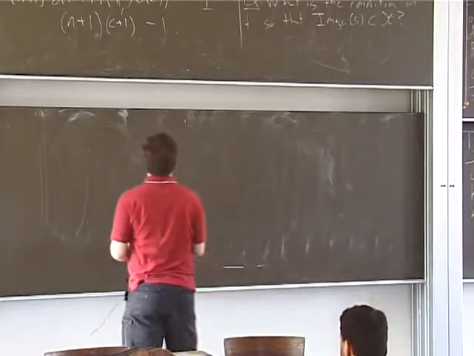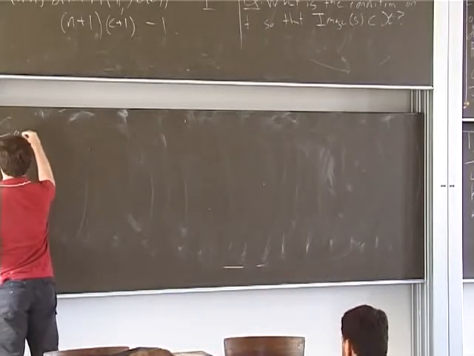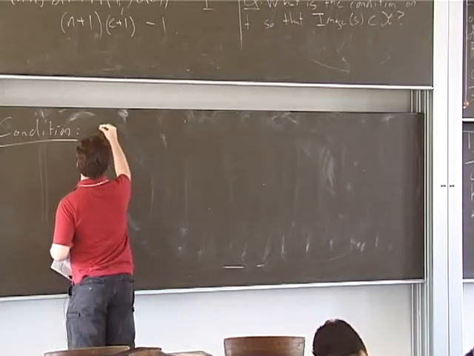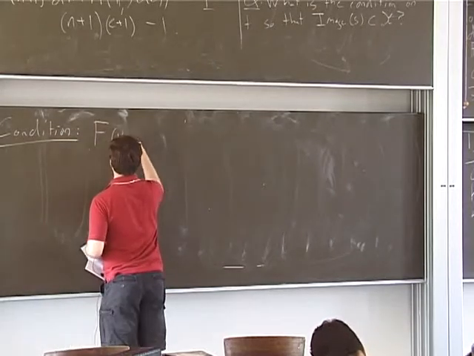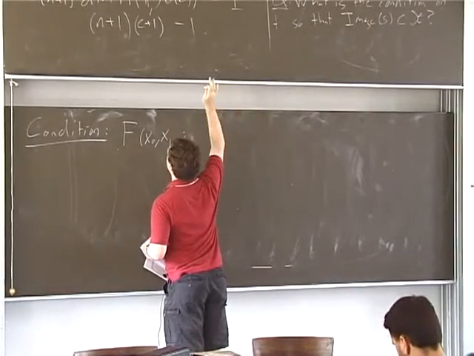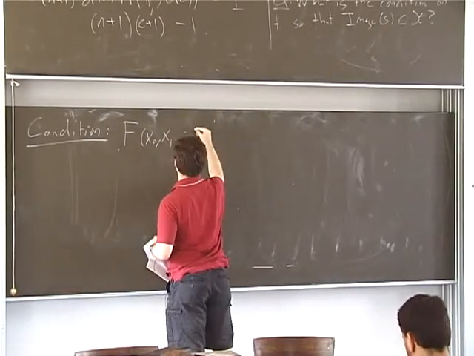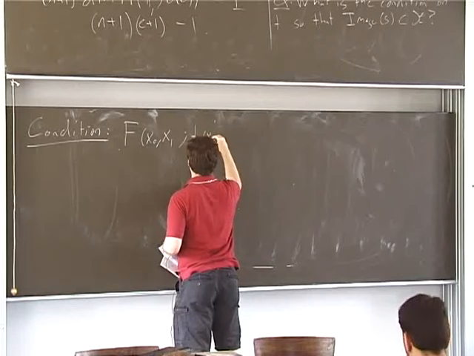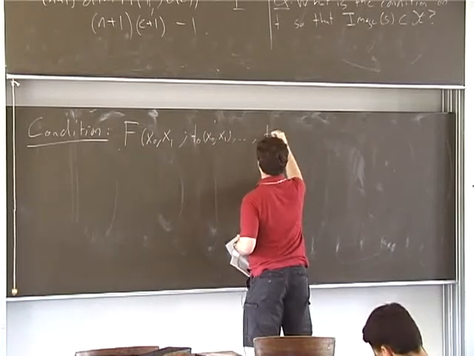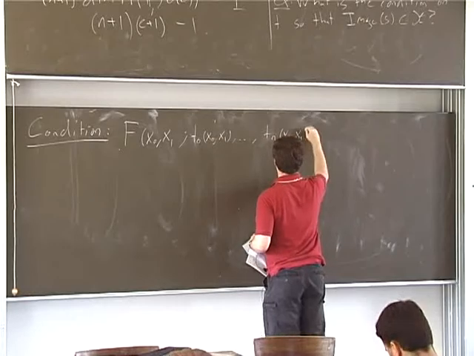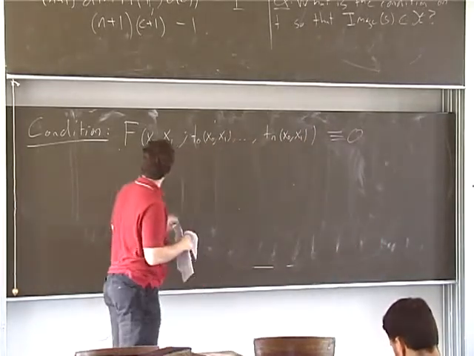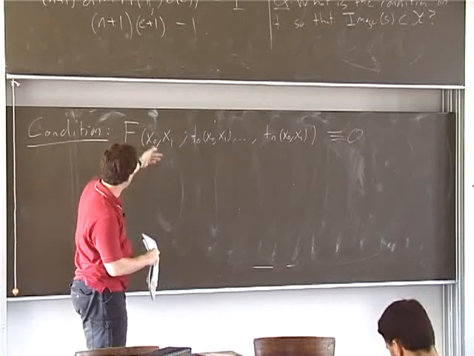So the condition is exactly that F of x0, x1, and now we plug in for y0 through yn the coordinates of this map T, T0 through Tn, should be identically 0. Now, a priori, this is a polynomial in x0, x1. What's its degree?